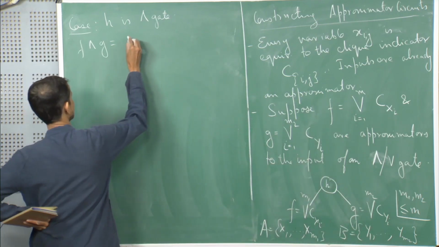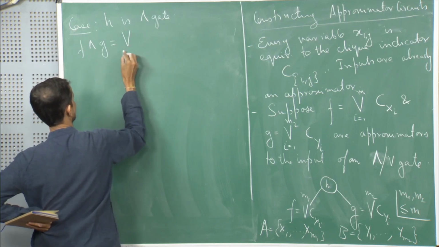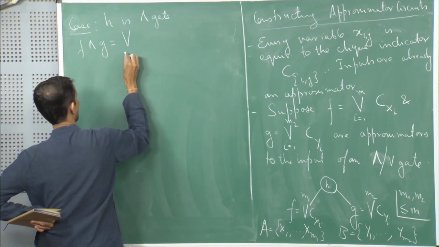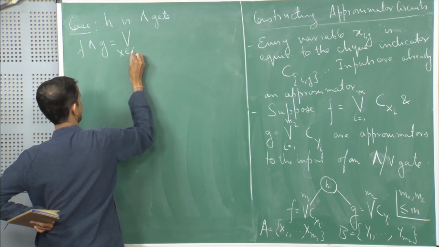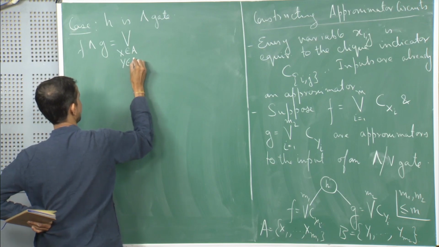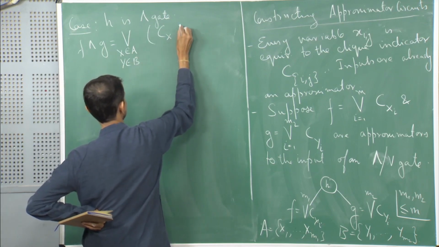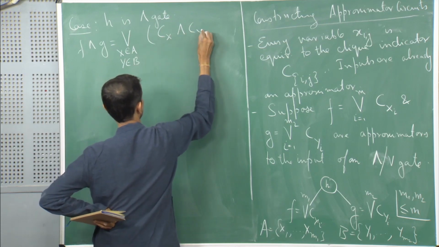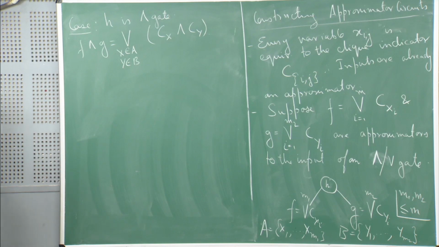So, we have an OR of x in A, y in B such that Cx and Cy are 1. So, some x and some y.